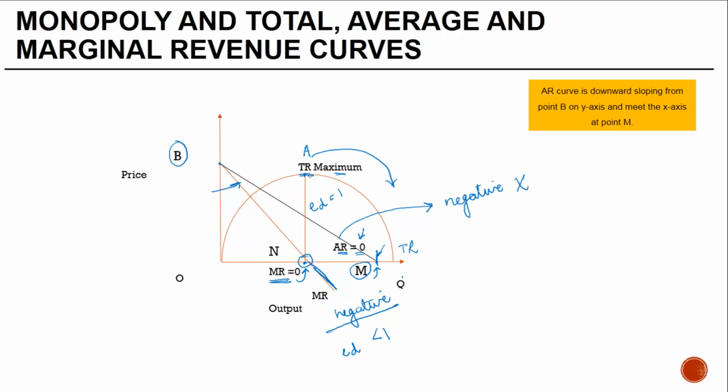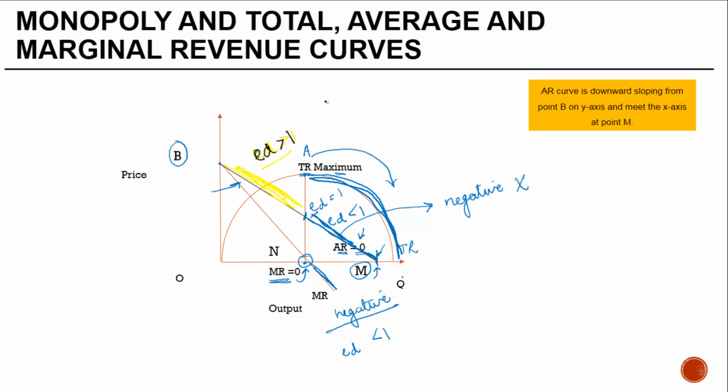So if I put it here, elasticity of demand is equal to 1 here, and elasticity of demand will be less than 1 insofar as this particular area is concerned. Let me use a different color to show this. And elasticity of demand for this particular area would be greater than 1.